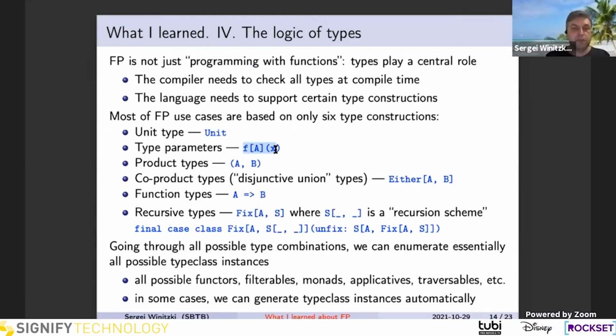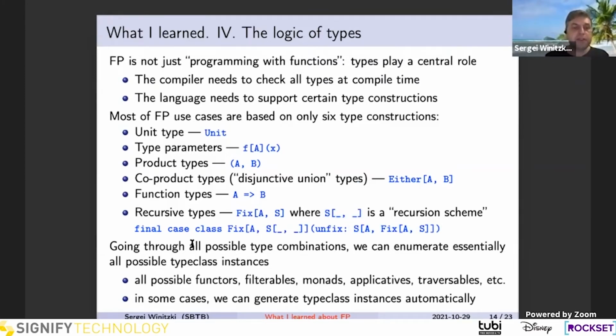Unit types, generics or type parameters, product types, coproduct or disjunctive union, function types, and recursive types, which are defined in Scala maybe like this. It's not necessarily practical, but theoretically, for any recursion scheme, you have a recursive type.